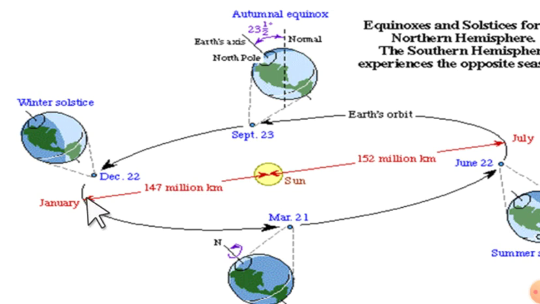The same is the case here also. Even though it is closest here, the sun's rays are not falling perpendicular to the surface, so that position of the earth somewhere here has the winter season.